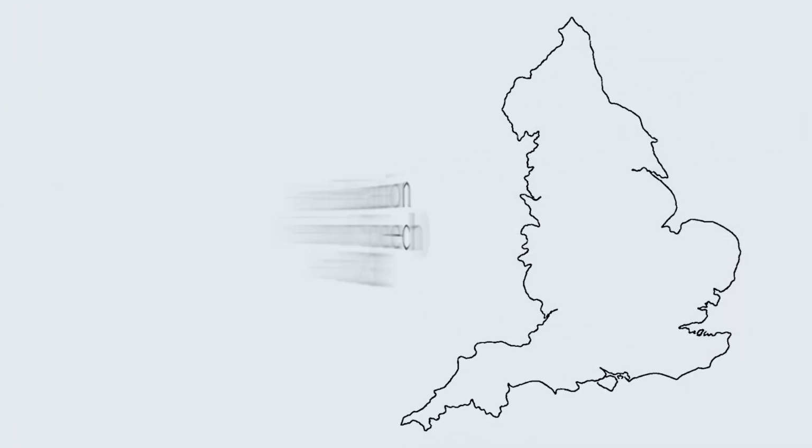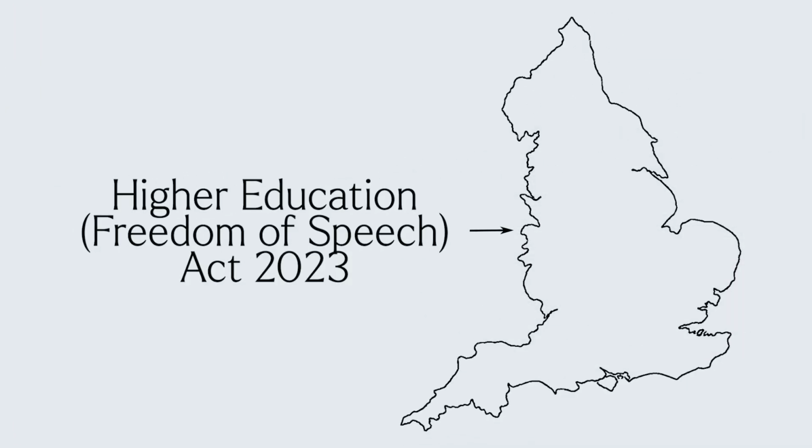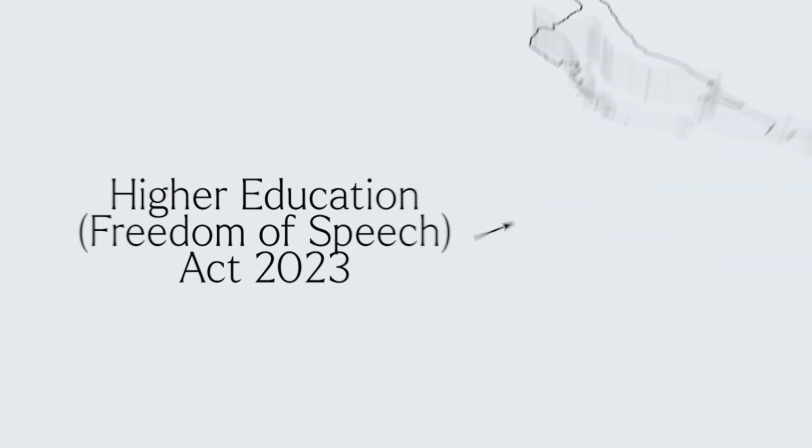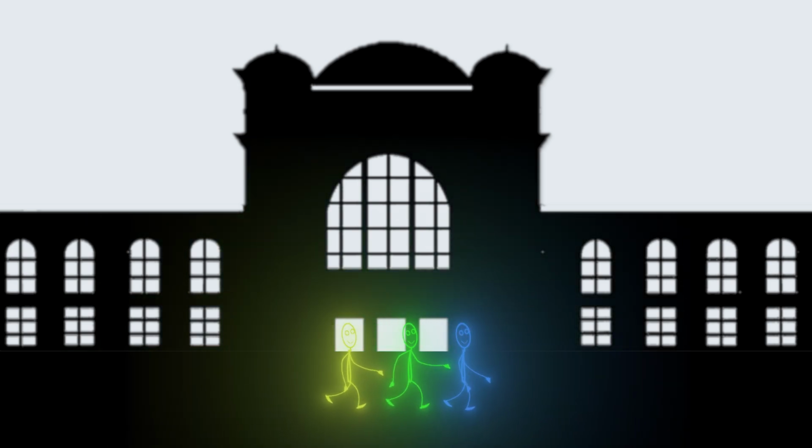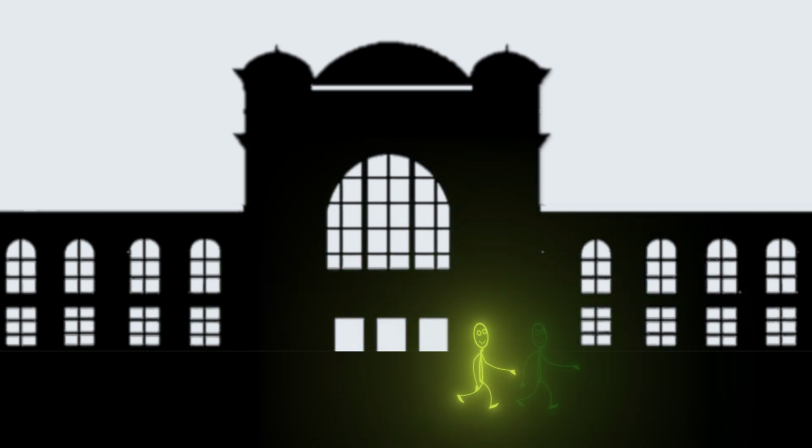In addition, universities in England are also subject to the Higher Education Freedom of Speech Act 2023, which strengthened rules to ensure that campuses are places where robust discussion can take place. At the University of Birmingham, we have embedded these legal duties into our own ordinances and codes of practice. That means the rules and regulations that the university and staff and students must follow.